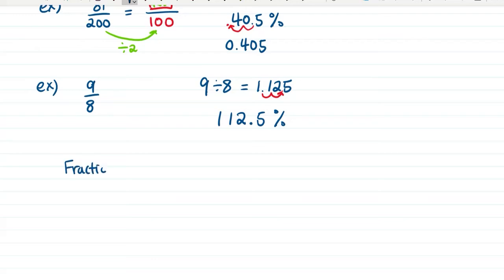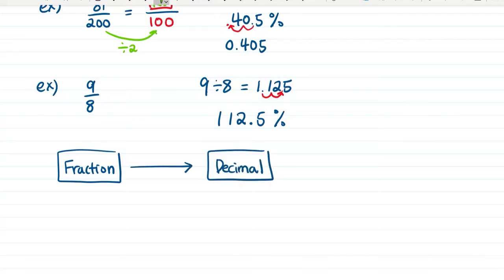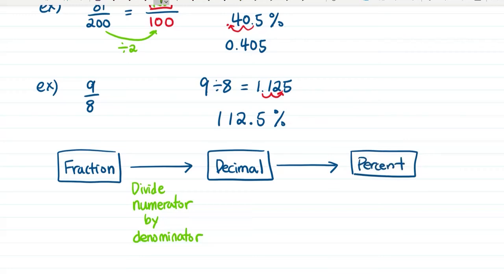So when you're given a fraction, if you want to change that to a decimal, you can divide the numerator by the denominator, and you will get the decimal value. And once you have the decimal value, how do we change that to the percent? You're going to multiply by 100 to get the percent value. And when you're multiplying by 100, you're moving the decimal point 2 times to the right side.